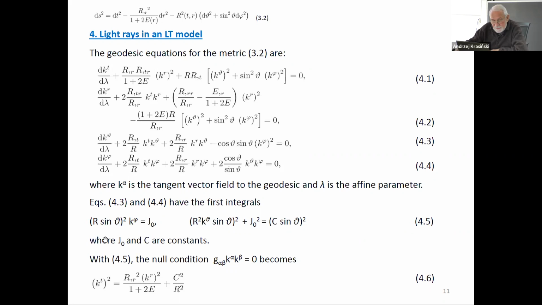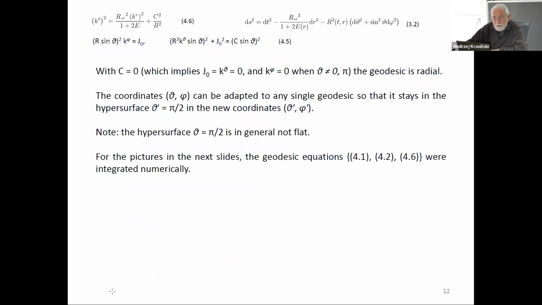Now, with these equations, the conditions for a geodesic to be null becomes this one here. Okay, well, now when C is equal 0, then J0 and K theta are necessarily 0. And when theta is different from 0 or pi, then K phi must be equal to 0, and then the geodesic is radial.